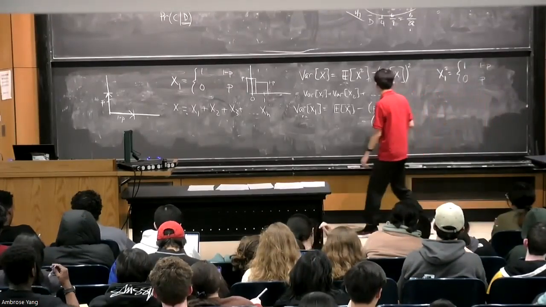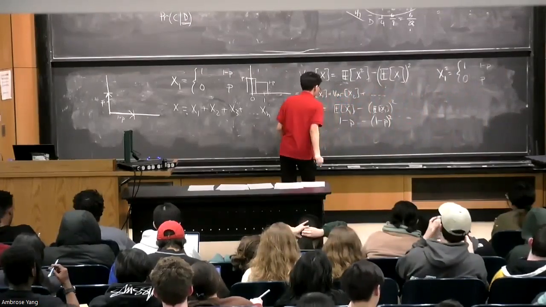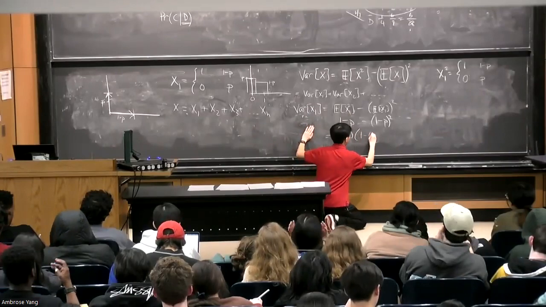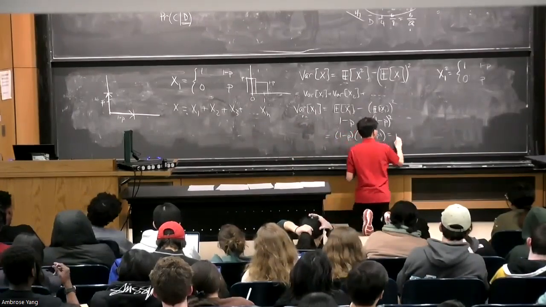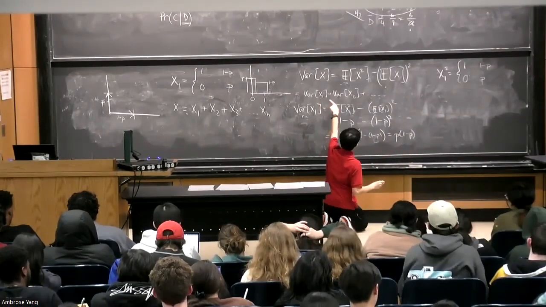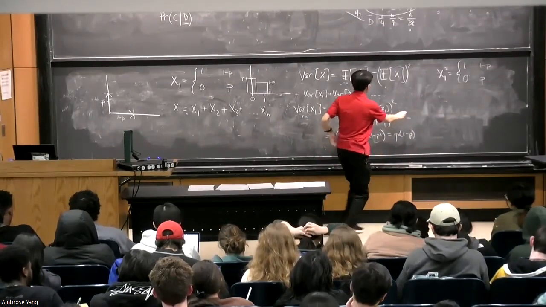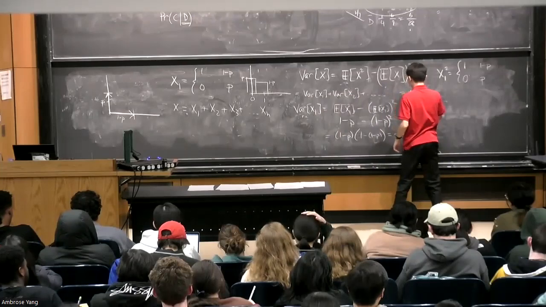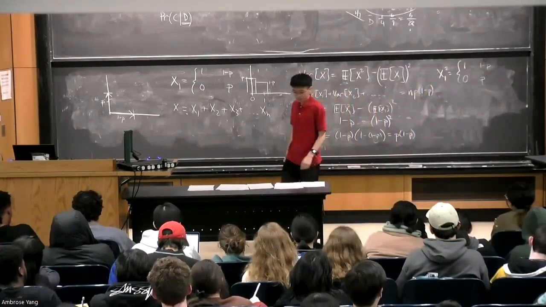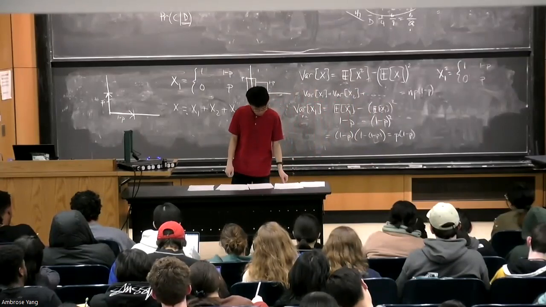The expected value is therefore also 1 minus p. This gives me 1 minus p times 1 minus 1 minus p. There's p times 1 minus p. Adding this up, this is only for x1. So if I add it up over all n, that's equal to n times p times 1 minus p.